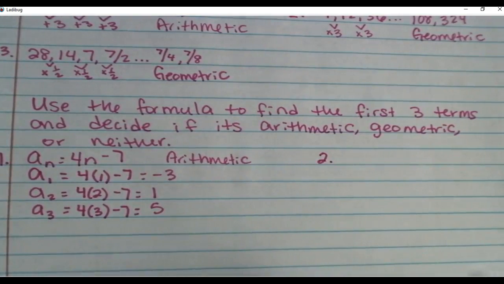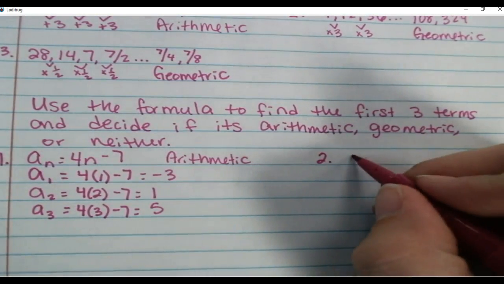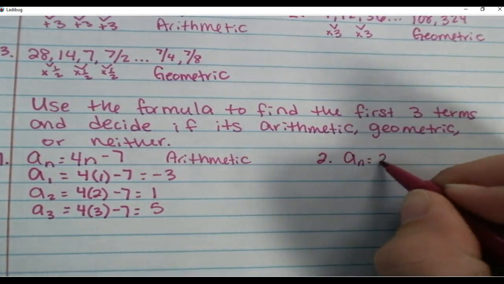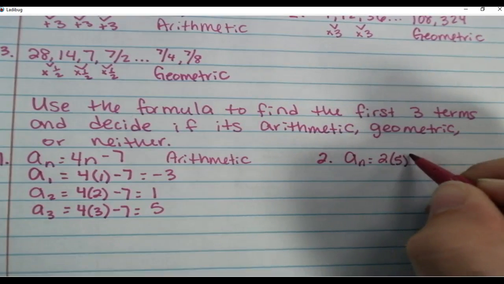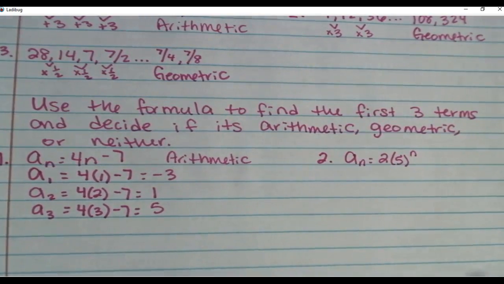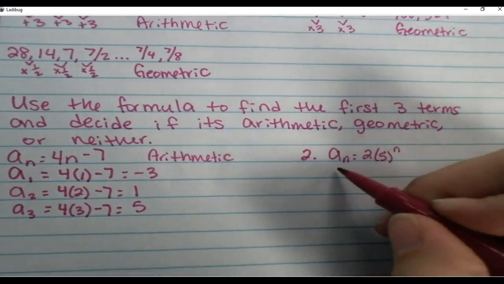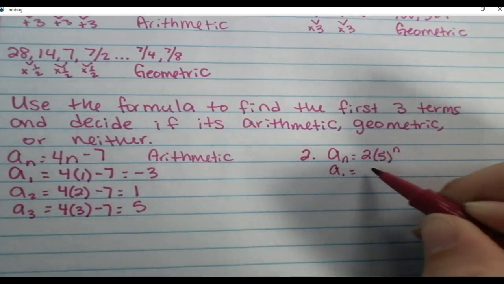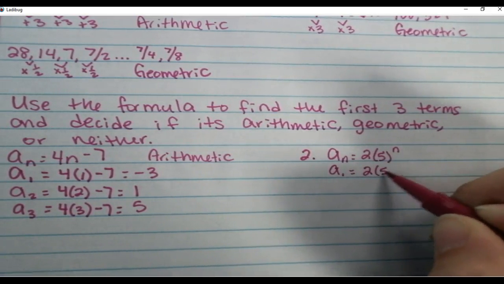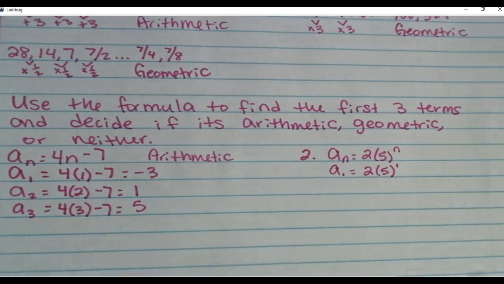Alright, let's look at this one. So let's say we have a sub n equals 2 times 5 to the n power. So we want the first term, so we do a sub 1, 2 times 5 to the 1.